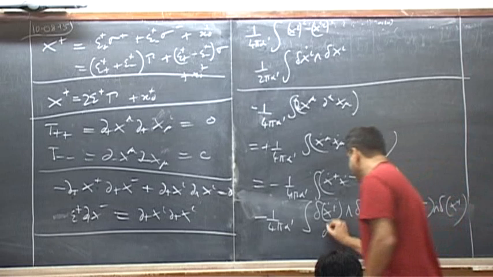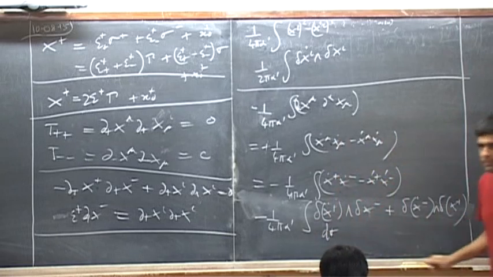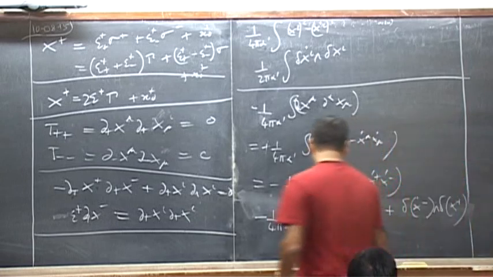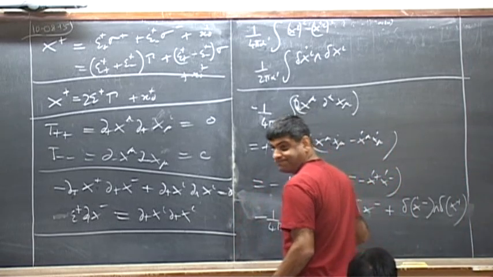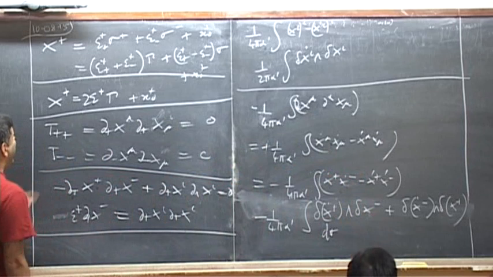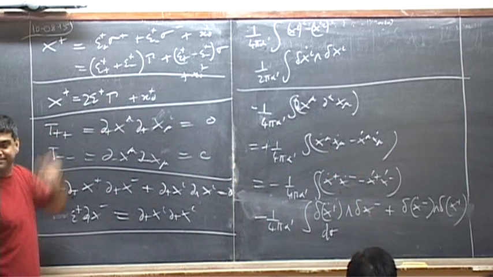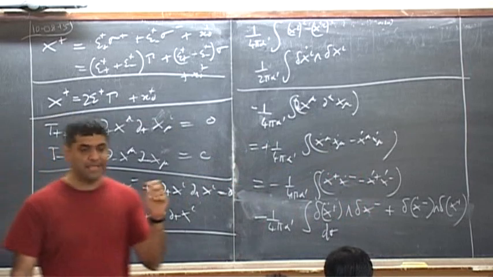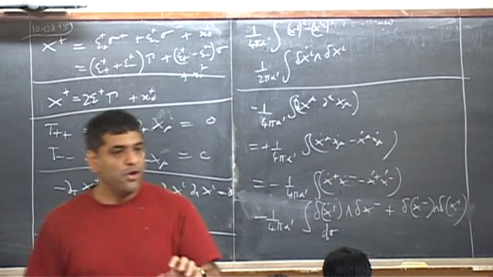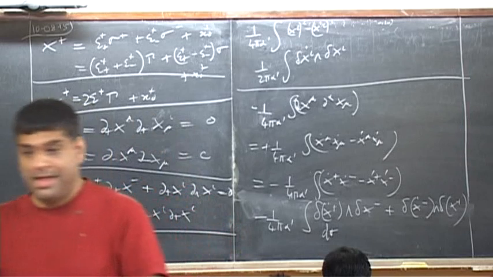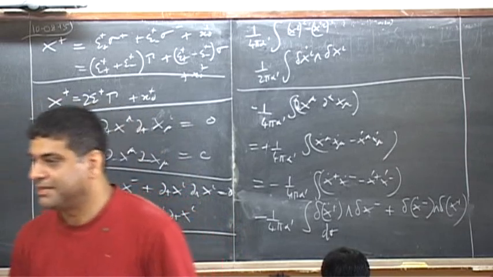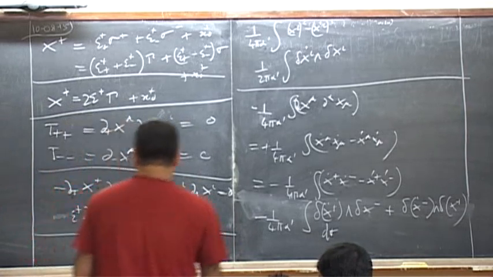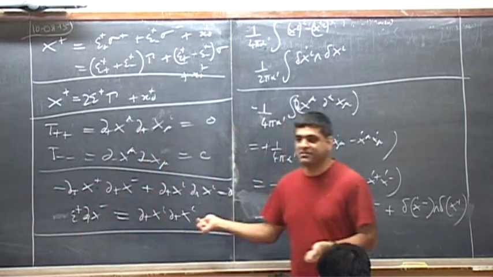Remember that this expression has an integral over sigma. Remember also that x plus has only tau dependence. So it's independent of sigma. Now you take a quadratic expression, with one term independent of sigma and the other term some arbitrary periodic function of sigma. It integrates to 0 unless you hit the 0 mode.